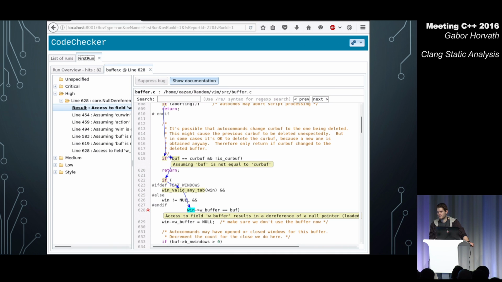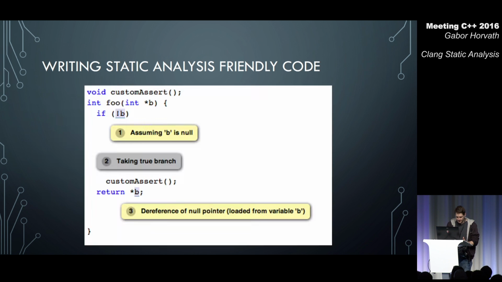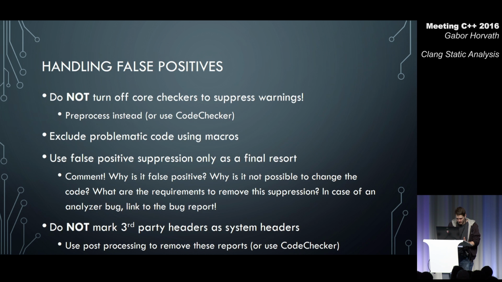Hi. When you were talking about false positives and handling false positives, you urged us to not turn off the static analysis, but to pre-process the code. What exactly did you mean by that, or what can I do in these cases? I think I did not mention that, but it was on the slides.